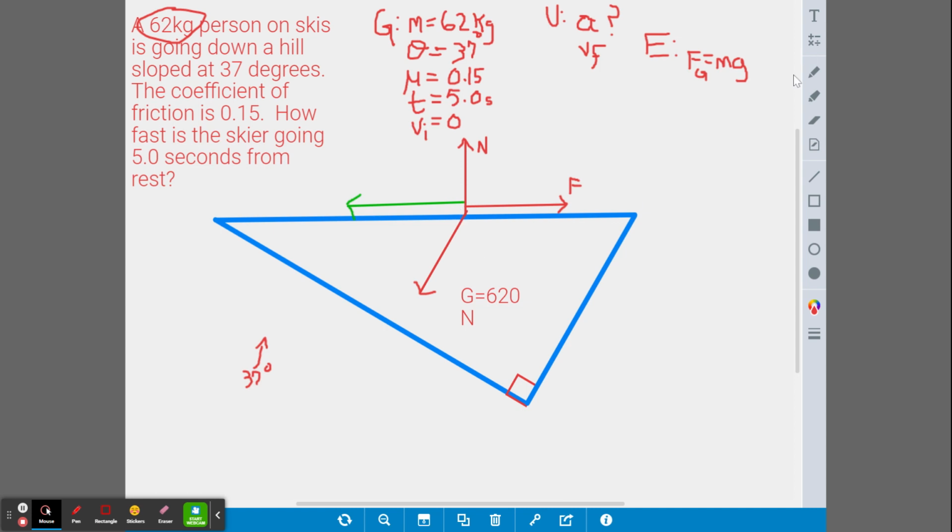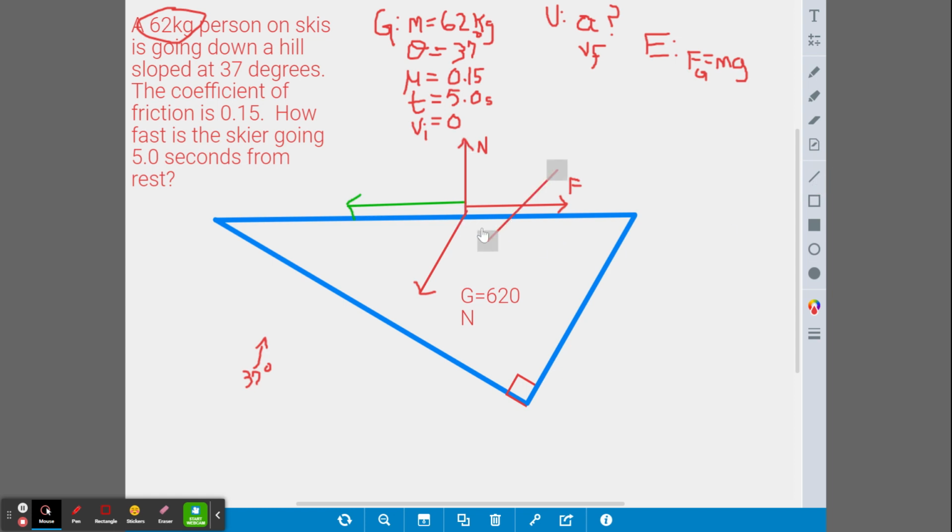Okay, so the normal force, this force right here, we don't know yet, but this normal force will be equal to this component of gravity, because gravity is going to have two other components that form a right triangle.